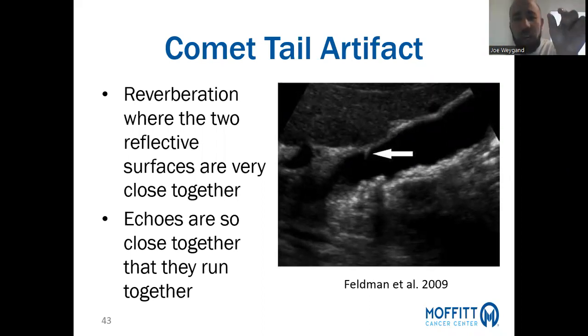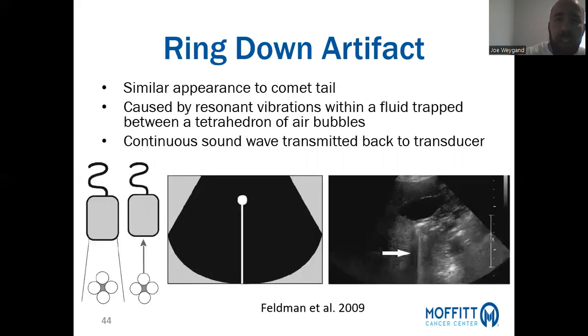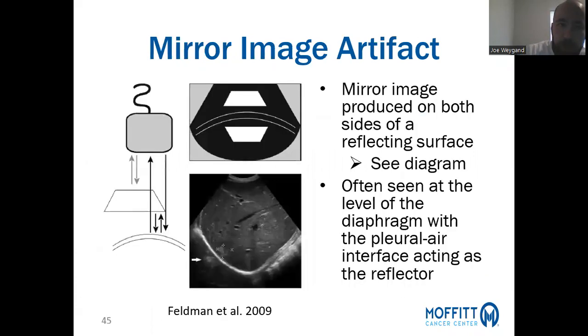So you have this comet tail appearance. That's where it gets its name. Similar to the comet tail effect is the ring down artifact. It looks very similar, but this is caused by resonant vibrations within a fluid trapped between a tetrahedron of air bubbles. You have a continuous sound wave transmitted back to the transducer.